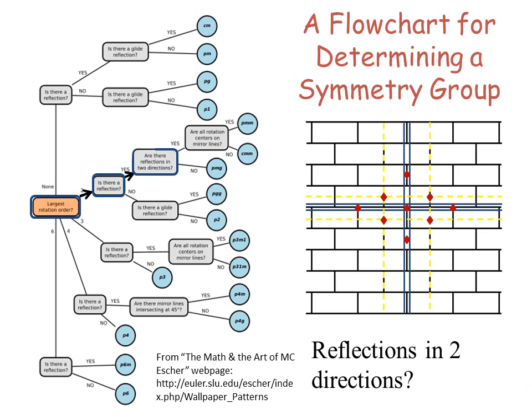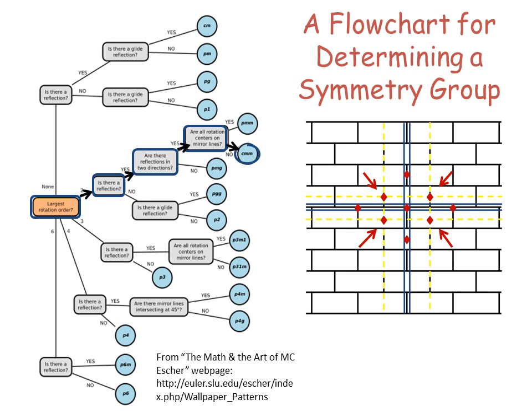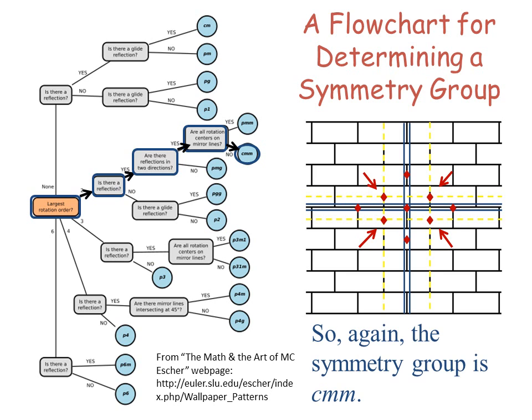Are there reflections in 2 directions? Yes, there are both horizontal and vertical axes of reflection. Are all rotation centers on mirror lines, that is, on axes of reflection? No, these 4 centers of rotation are not on axes of reflection. So, again, the symmetry group is CMM.